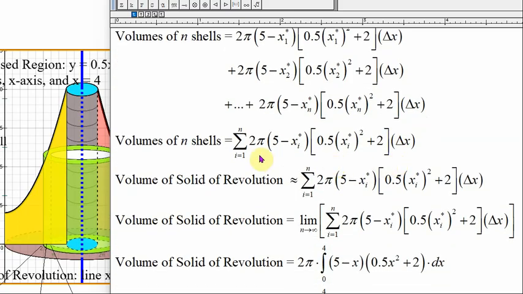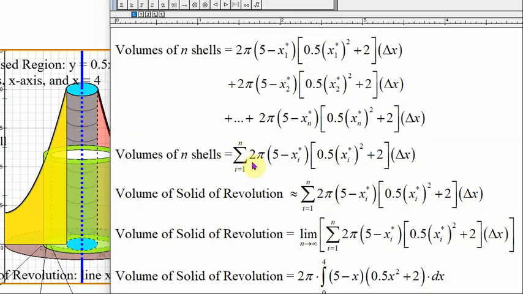Then using summation notation, we have i running from 1 to n with this expression right here. And so the volume of the solid of revolution with the hole in the middle will be approximately this sum.